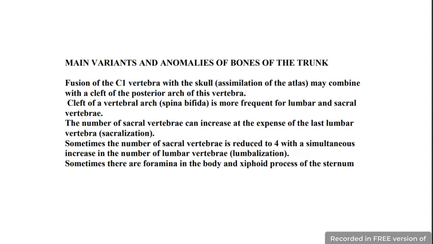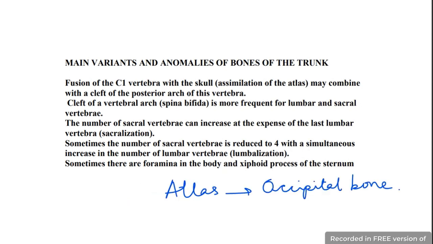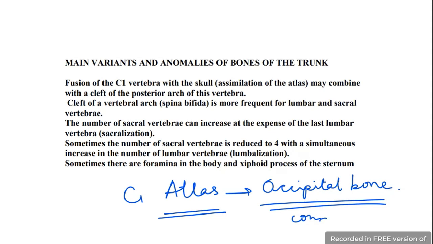Atlanto-occipital joint: it forms between the atlas, which is C1, and the occipital bone, in the condylar part, with the superior facet.